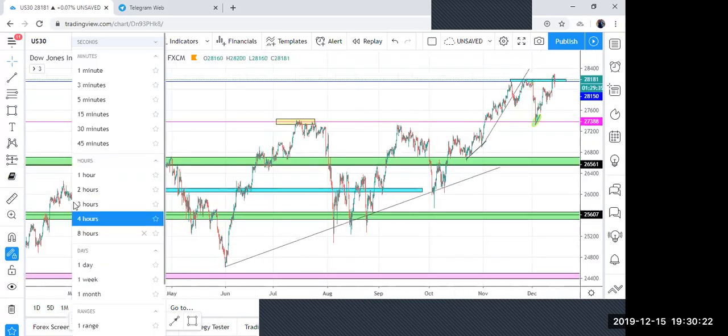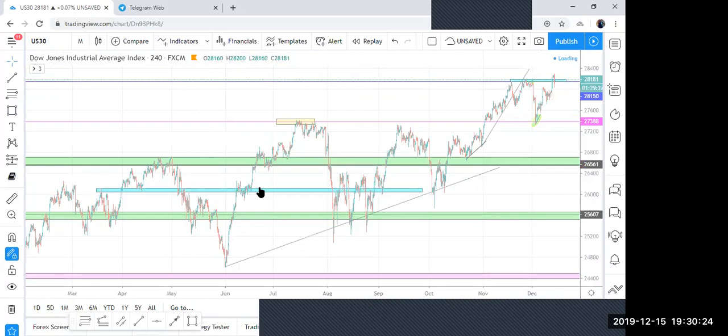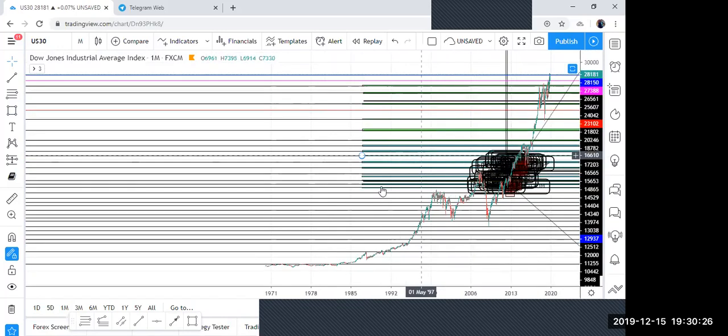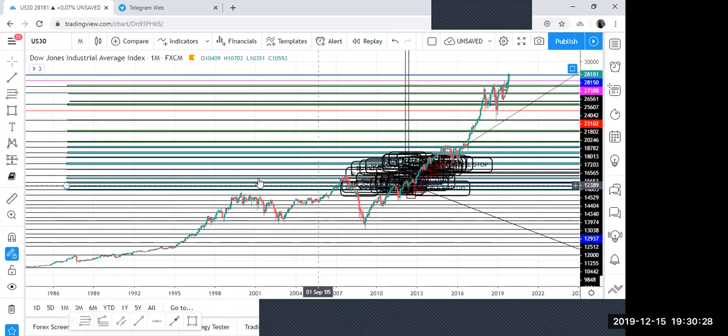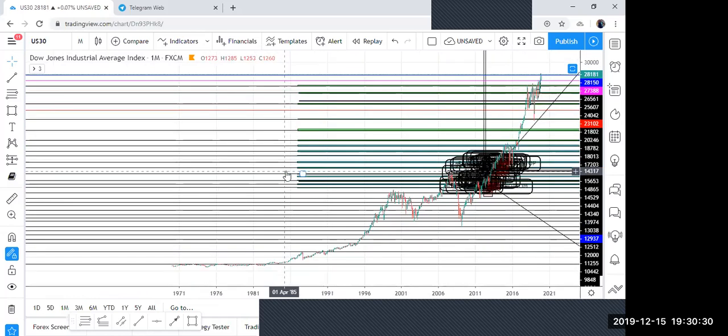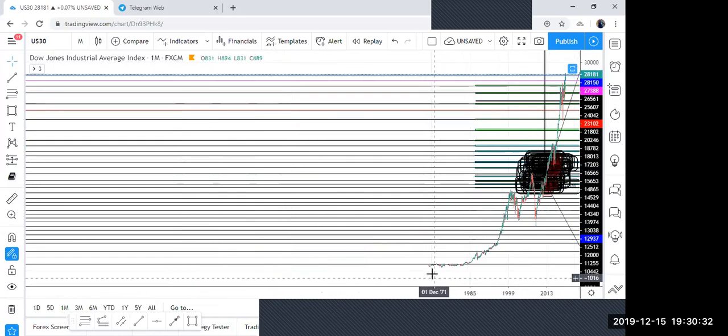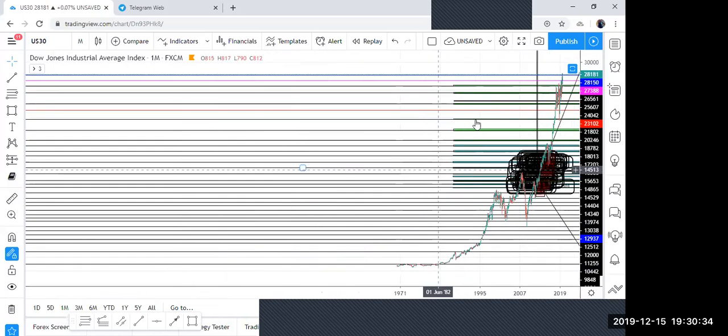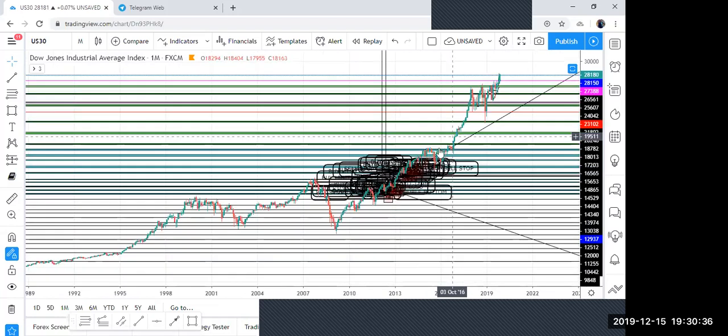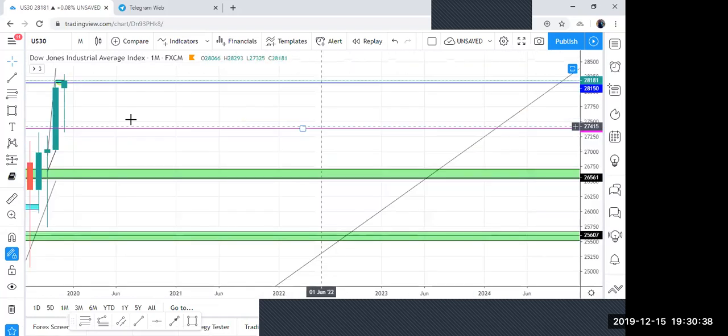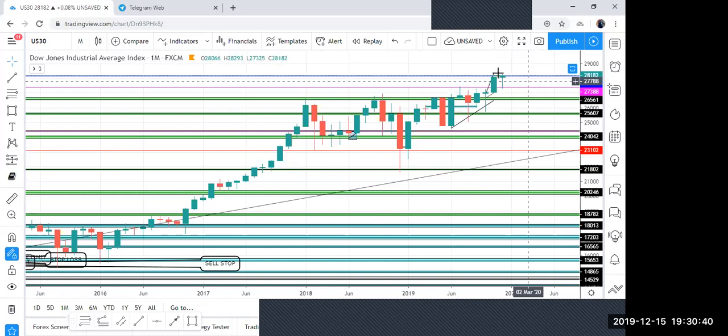Let's go up to month. US 30 has no higher high. So if that gives us support there, we can look to ride it up. On the month chart, I don't look at the month chart to analyze.